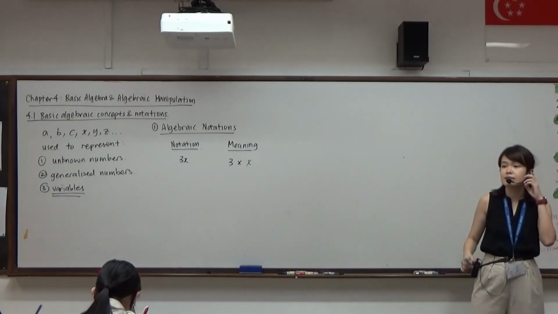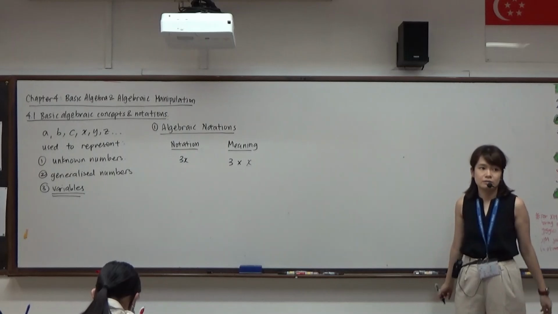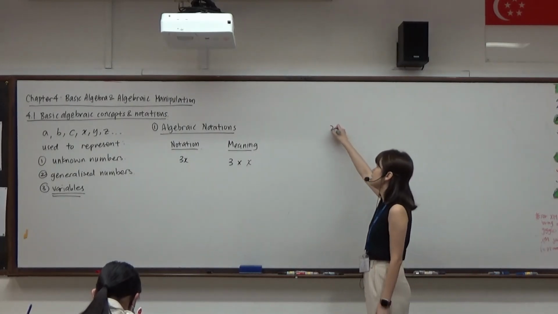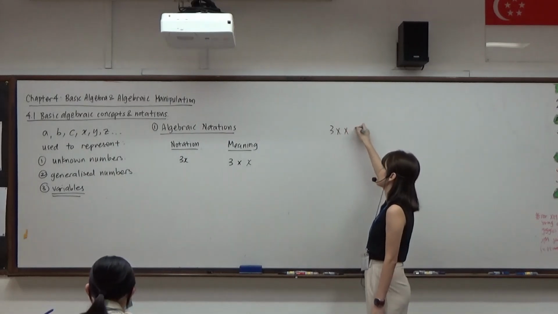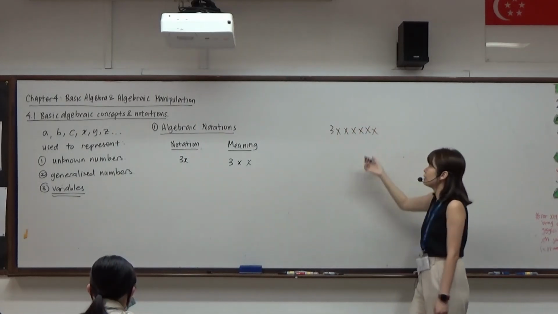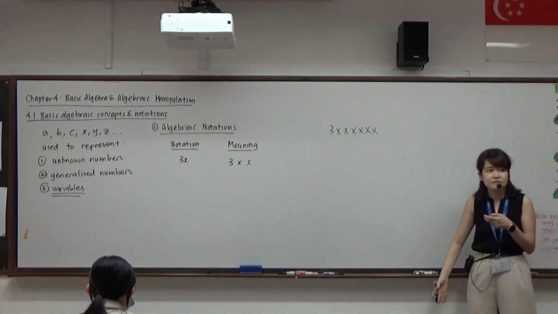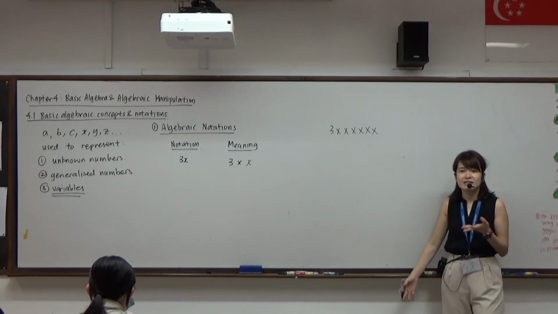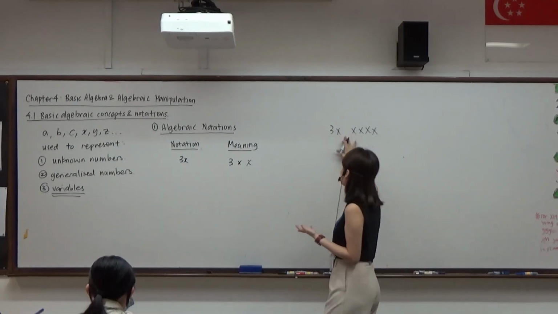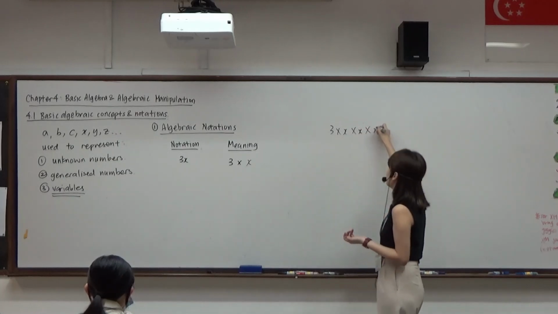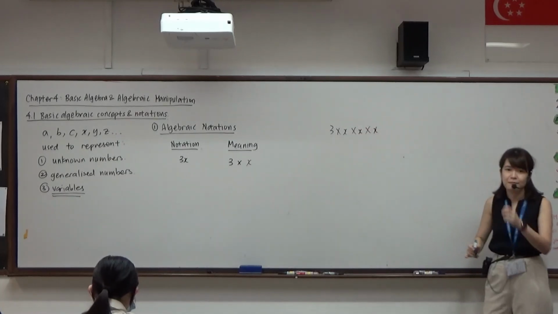You cannot use the same way of writing. Otherwise, nobody is going to understand what you're trying to say. Imagine you're trying to write 3 times x times x times x. How am I going to understand what you're writing? To me, when I read this, I'm like, are you giving me a secret code? So we need to differentiate all your multiplication signs and your x itself.